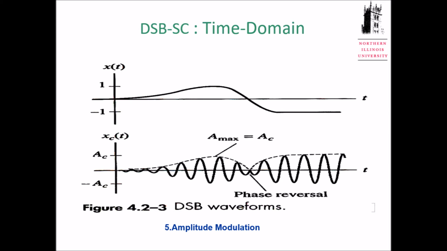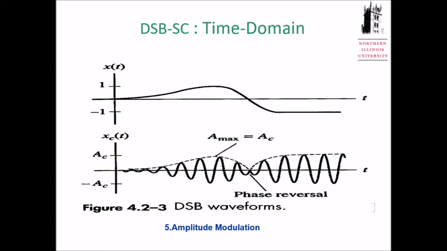So my envelope is actually the opposite of your original message. And every time your information passes 0, like here, we have a 180-degree phase change. We call it phase reversal. Here you can find the phase is shifted by pi, or 180 degrees.